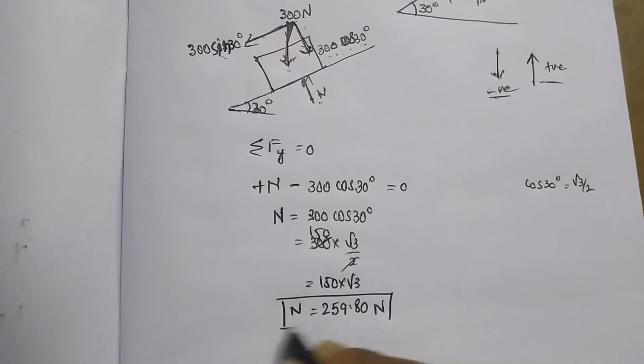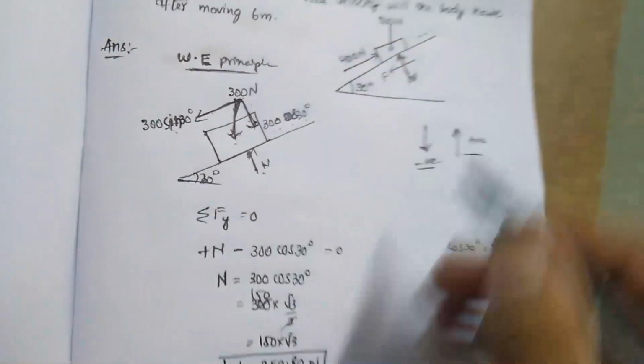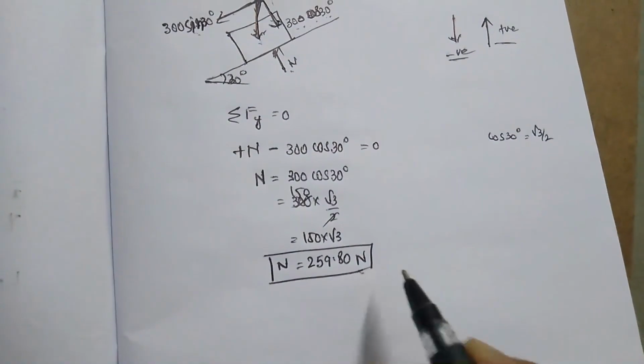So N, the force acting in the vertical direction, is 259.80 newtons.